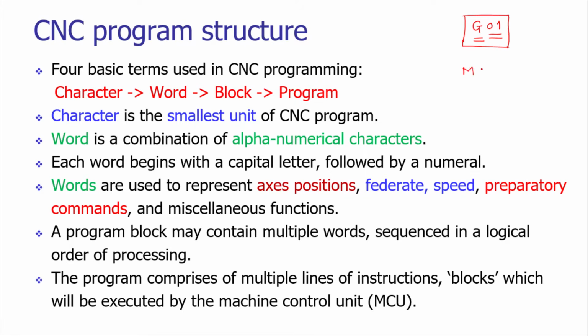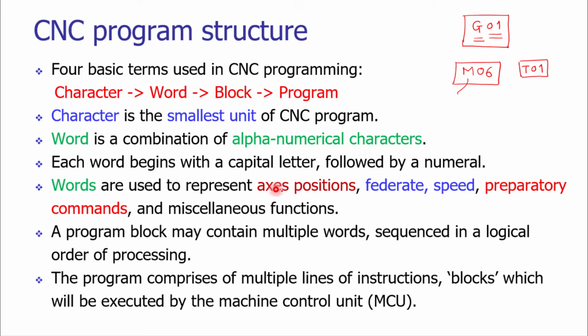Or we can have something like M06. This is also one word. M is the miscellaneous code word and 06 is the number. Or T01, which is tool number 1.